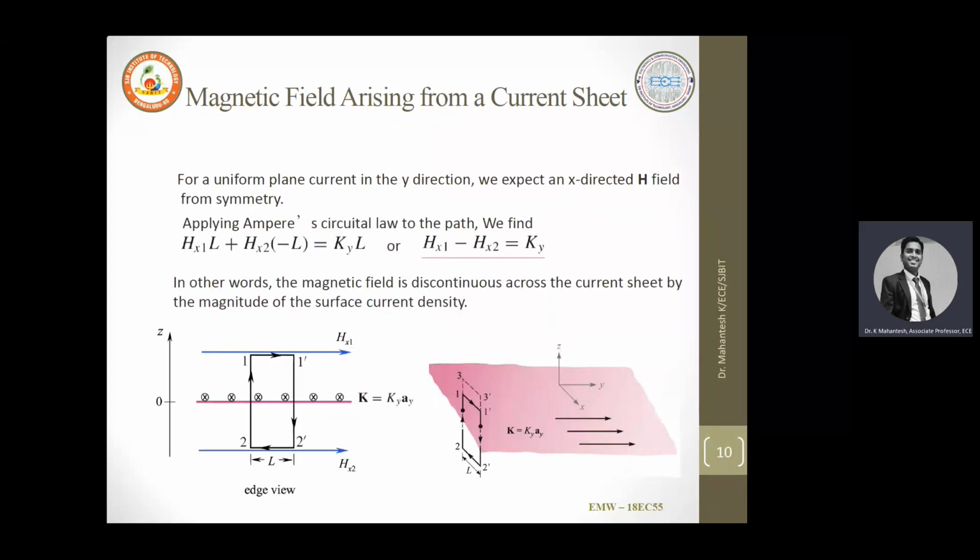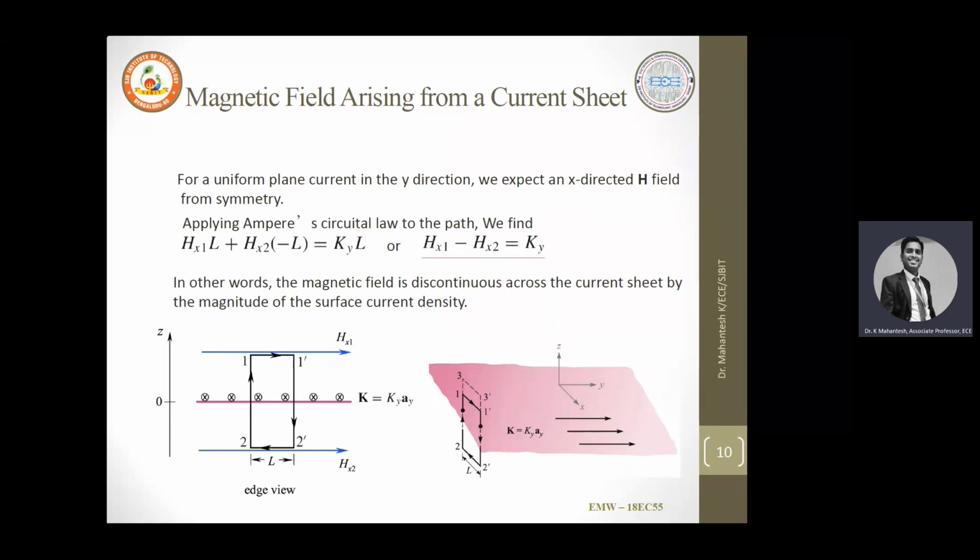So if we try to find the magnetic field arising from a current sheet for a uniform plane current in the y direction, we expect a field directed along the x axis.